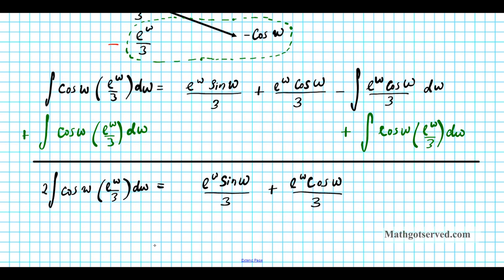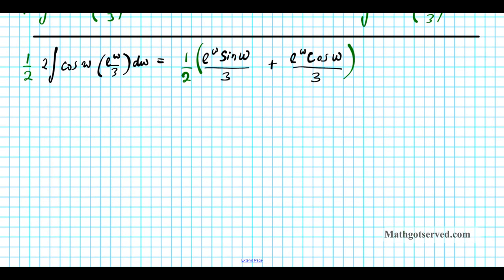You multiply this side by 1 over 2, and multiply this entire expression on the right side by 1 over 2. Okay? Now if we simplify, we're going to have the integral of cosine w times e to the w over 3 dw equals, if you distribute, you have e to the w sine w over 6 plus e to the w cosine w over 6.